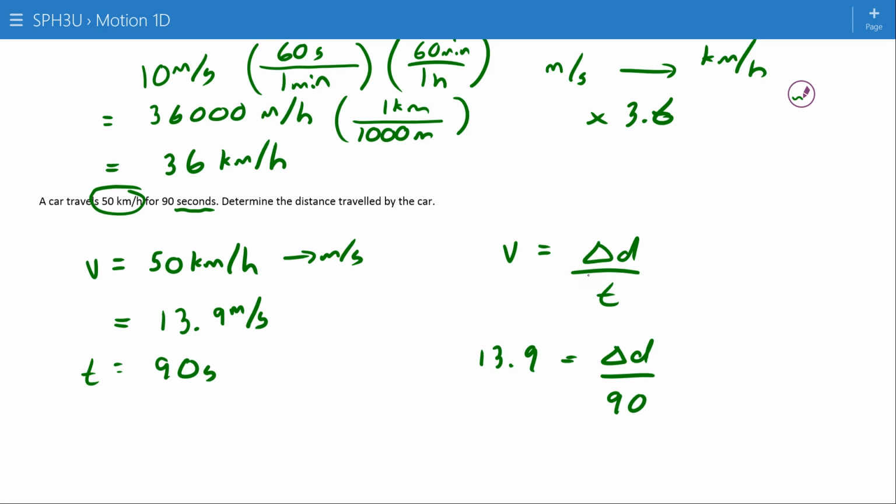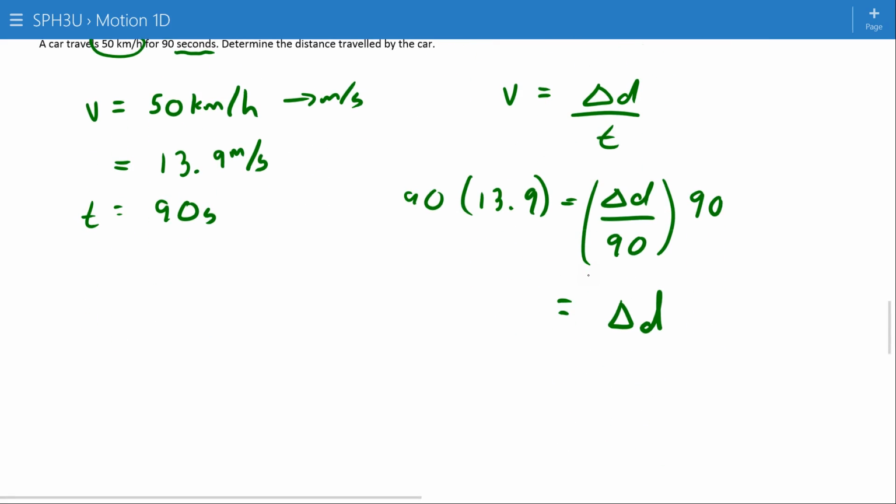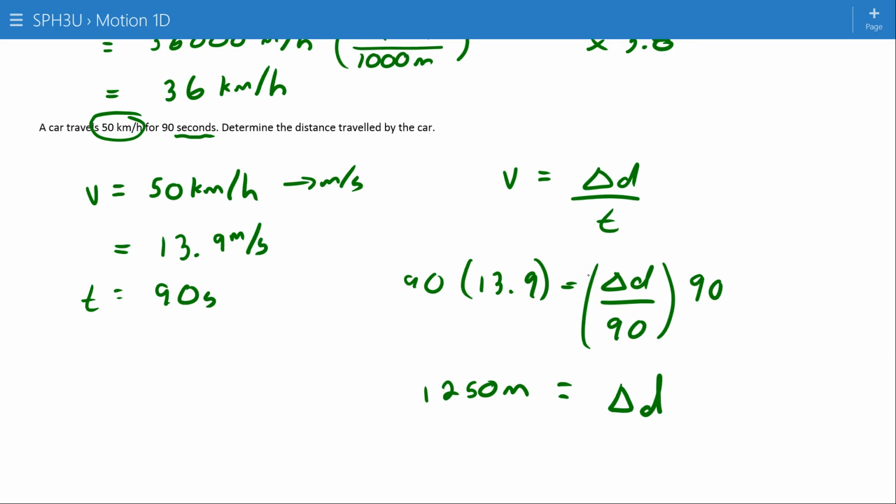And to solve this equation, I can multiply both sides by 90. And that's going to work out to 1,250 meters. So over those 90 seconds, you're going to travel 1,250 meters. So that's why we might have to convert kilometers per hour to meters per second, and how we do it if we have to.